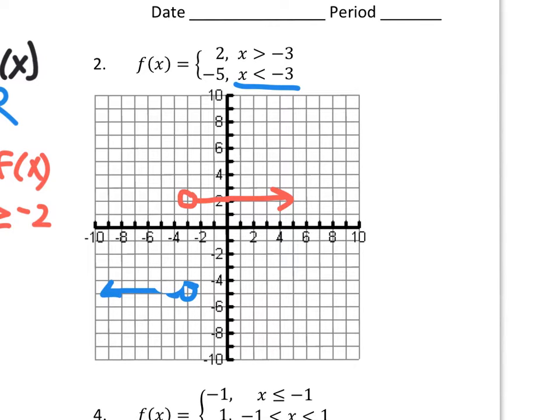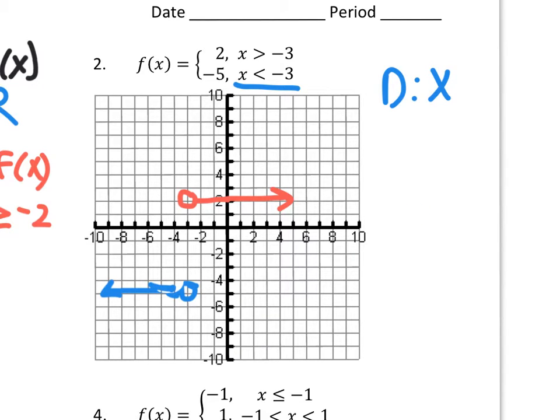Now, if we're trying to find domain and range of this guy... Oh, that's ugly, sorry. That's disgusting. Your domain would be x equals... Now, we're talking about the whole thing here, does it go to the right forever? Yes. Does it go to the left forever? Yes.